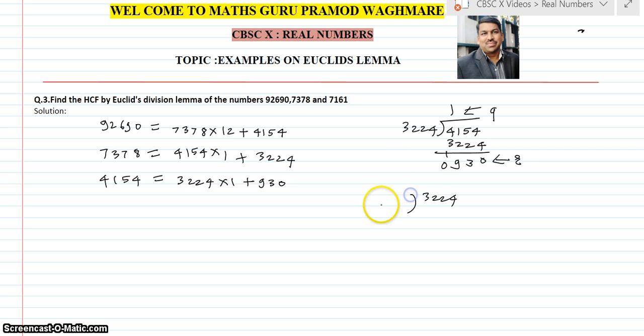There are 4 digits, here are 3 digits, and we know that 9 twos are 18, 9 threes are 27, 9 fours are 36, here 32, so 930 into 3 is 2790.